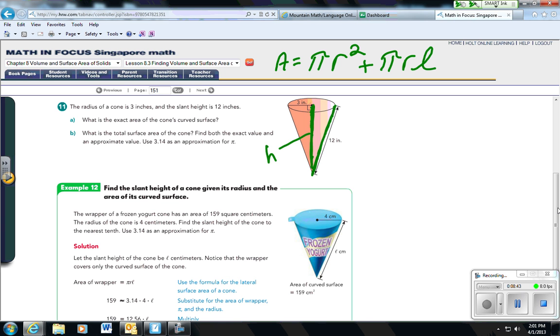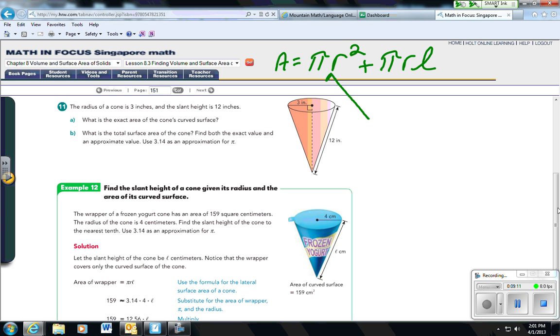Then the body of it, the actual exterior, that 12, that is your slant height. So there's a difference between slant height and height. You'll remember, height always has to form a 90-degree angle with your base. So your base is this circle, and that forms a 90-degree angle. This 12, your slant height, does not form that. This is not a right angle right there. So that's the difference between slant height and height.